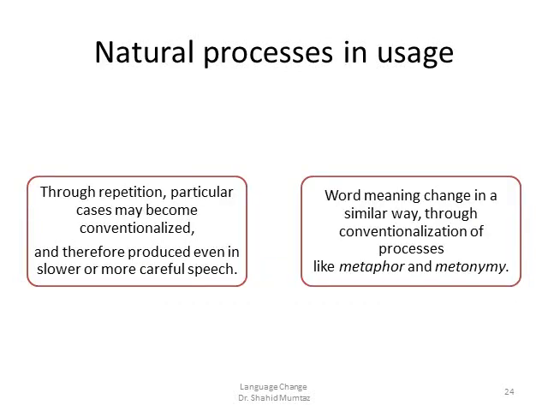Through repetition, particular cases may become conventionalized and therefore produced even in slower or more careful speech. Word meaning changes in a similar way through conventionalization of processes like metaphor and metonymy.